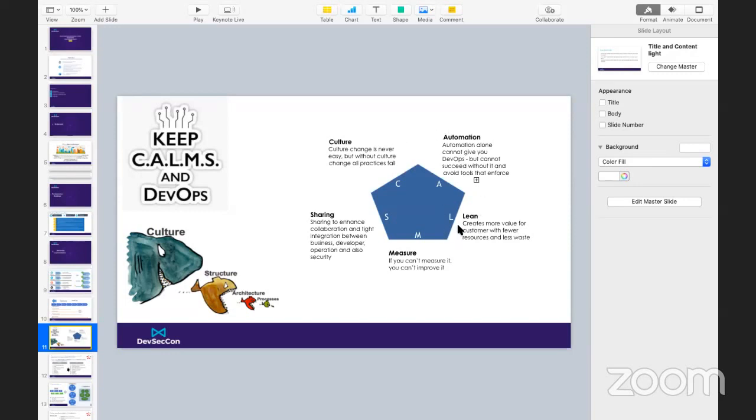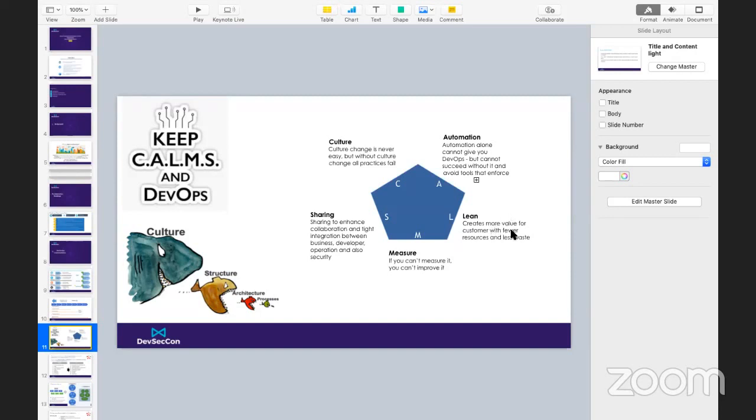The third is lean. Lean is a process: if you do DevOps or DevSecOps, you need a lean process, not a complicated one.